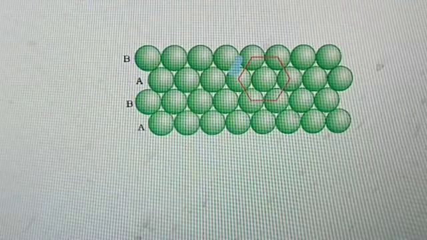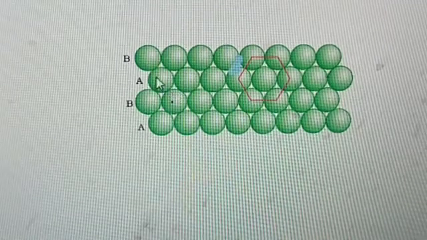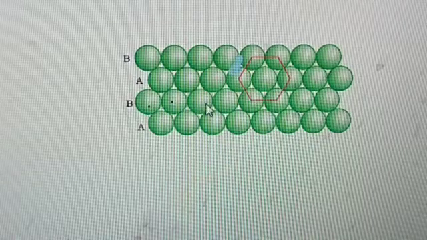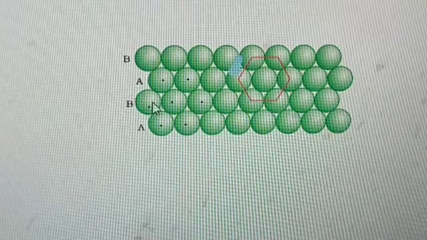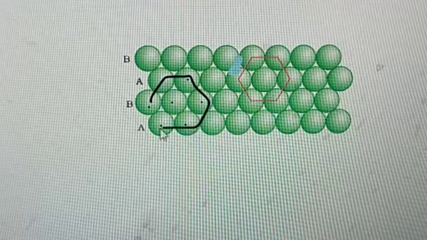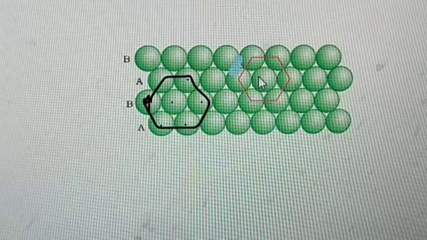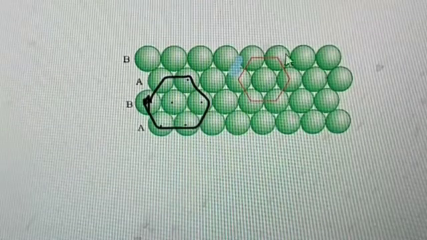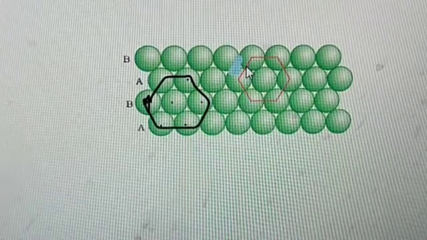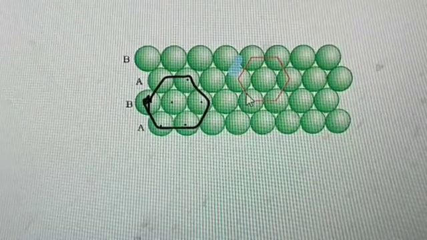Also, when we join those 6 spheres, for example, now I am taking this one. These 2 are the adjacents of this, and also these 2 are adjacent, and these 2 are adjacent. When I join the centers of these 6 neighboring spheres, what can I get? I can get a hexagon, no? Yes or not? See here, I can get a hexagon. So that's why we can call this structure hexagonal close packing. In the AA type of arrangement, when I joined the centers of the nearest neighbors, we got a square.